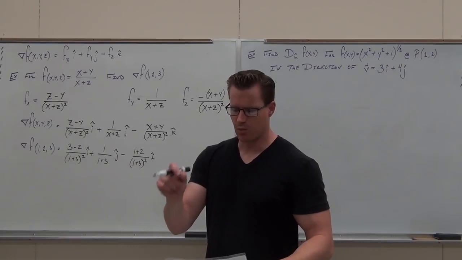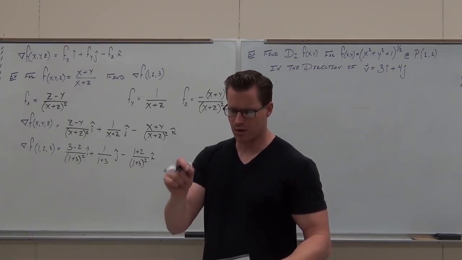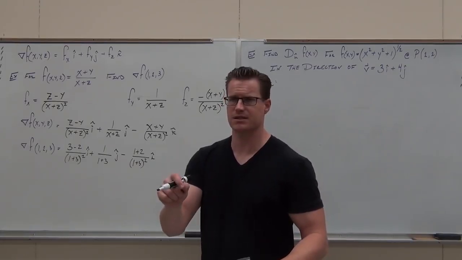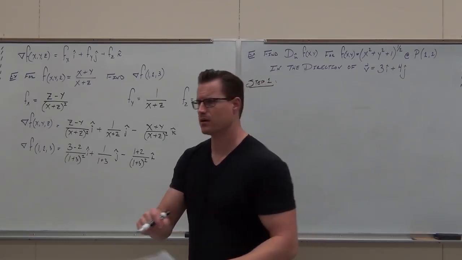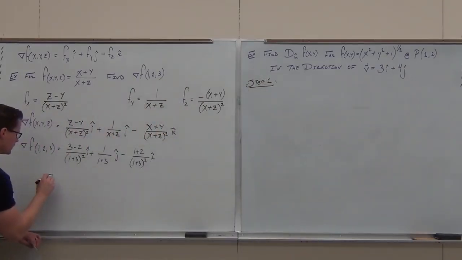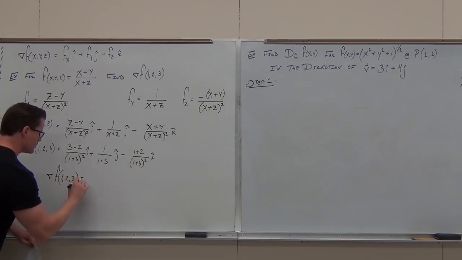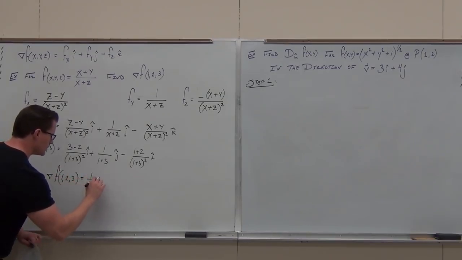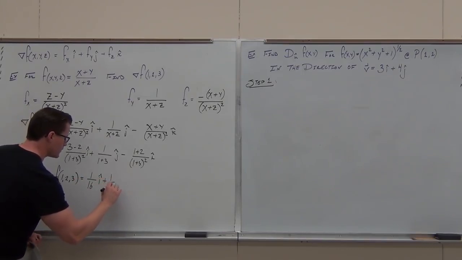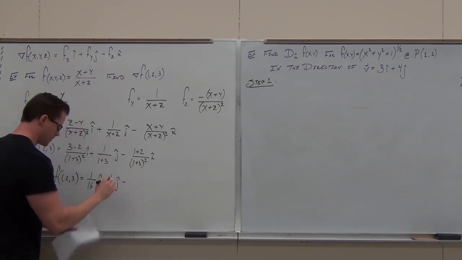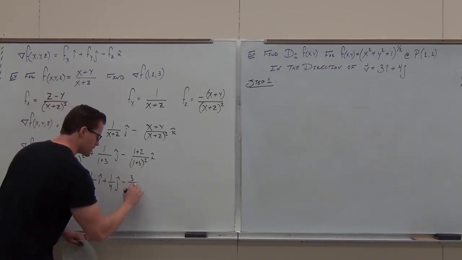I got 1/16 i plus 1/4 j minus 3/16 k. Is that what you all got? I said 3/16, right? Oh, yeah.